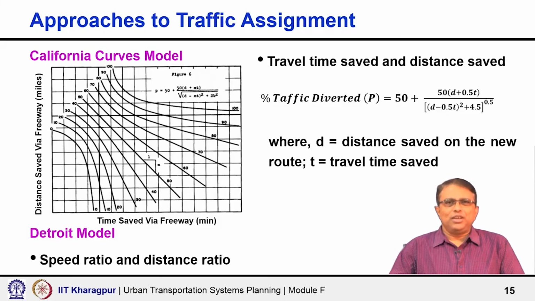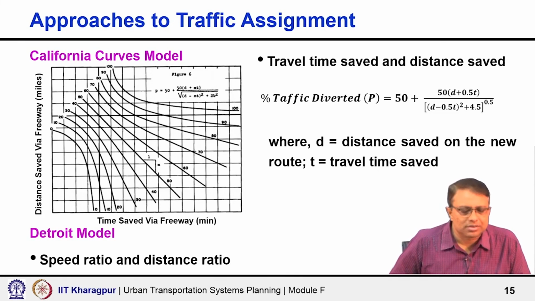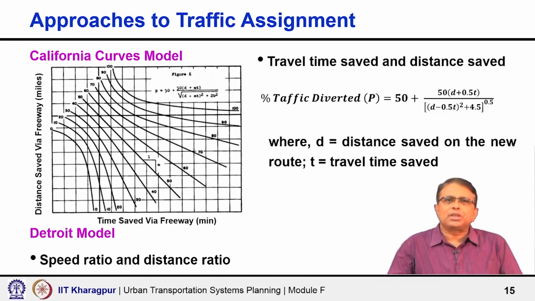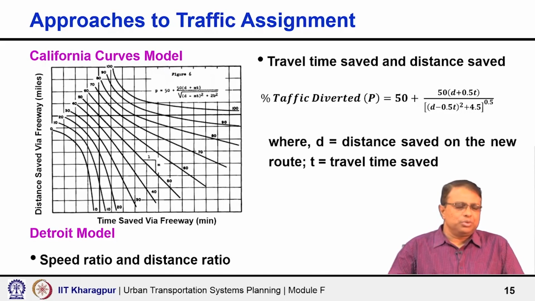Once you know the time saved and the distance saved, you can select an appropriate curve based on speed, and then find out the proportion that will get diverted. Some people may consider even a third parameter, a fourth parameter, so various representations are there.